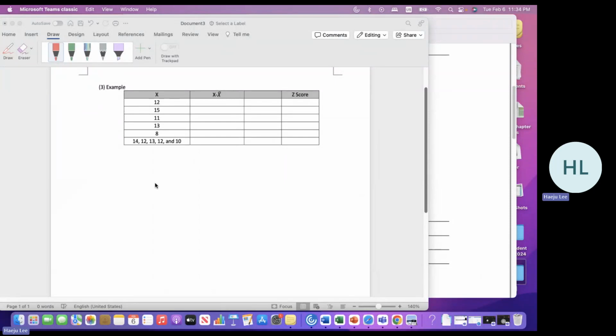So let's move on to the example. We are going to talk about how to compute the G-score. First of all, to compute the G-score, we need to get the mean and the standard deviation for this data set.